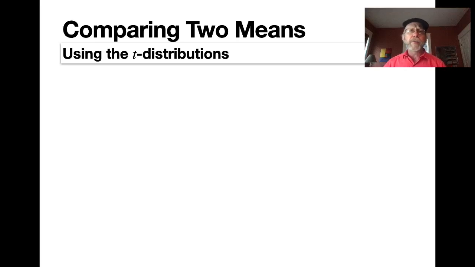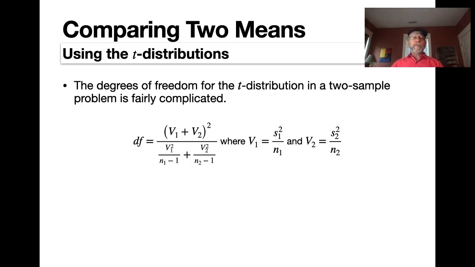Well, it turns out the answer is really none of the above. The degrees of freedom in a two-sample problem for a t-distribution are actually kind of complicated. You see the formula here. V1 is actually the sample variance from group 1, S1 squared over N1, and V2 here, S2 squared over N2, is the sample variance from group 2.